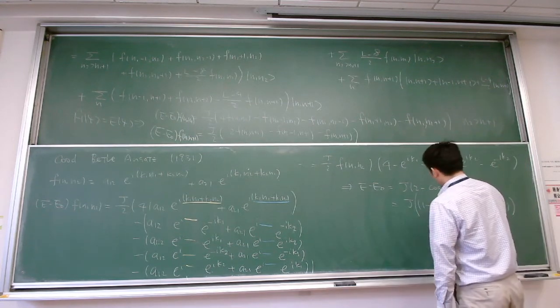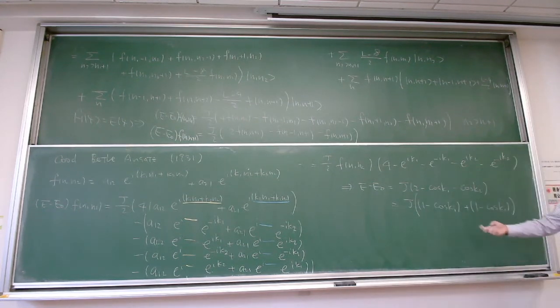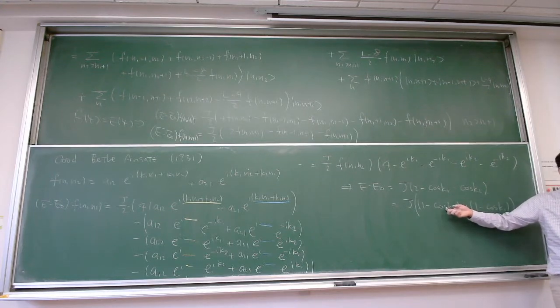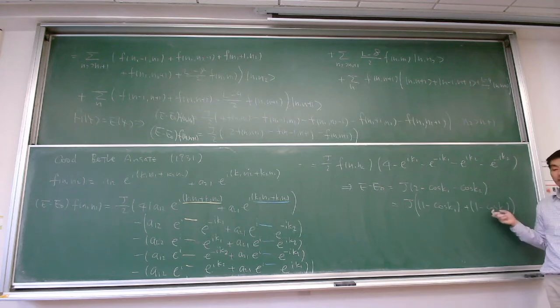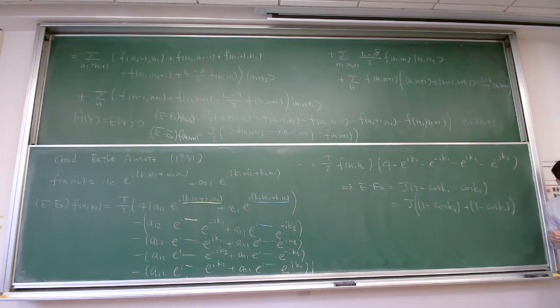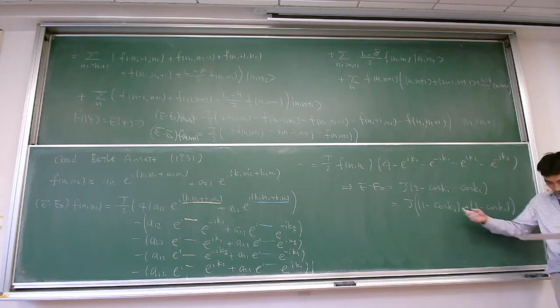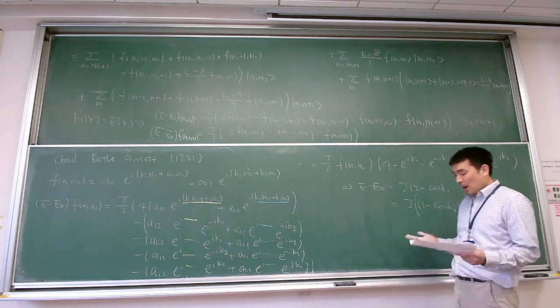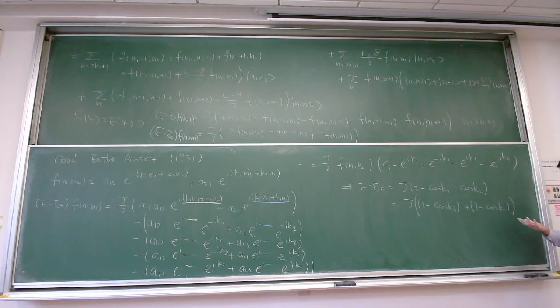If you notice, this is what we found in the one magnon coherent state. Okay, so it's just a sum, a linear combination. This is exactly what we expect: the sum of two one-magnon coherent states, more precisely.